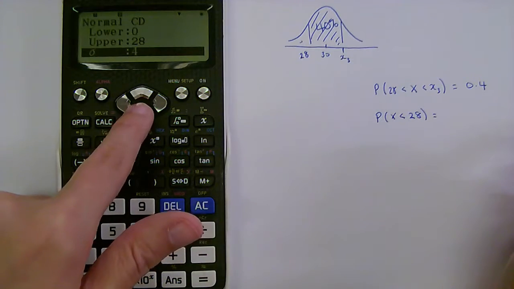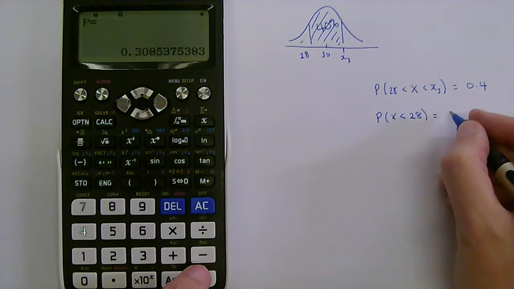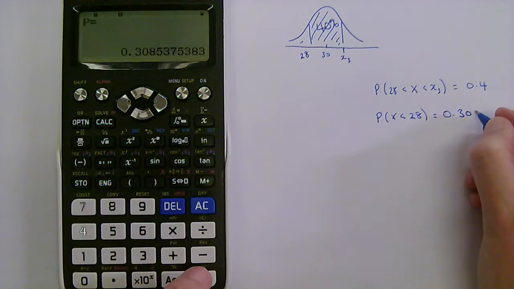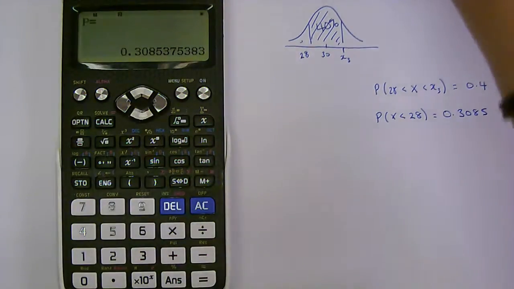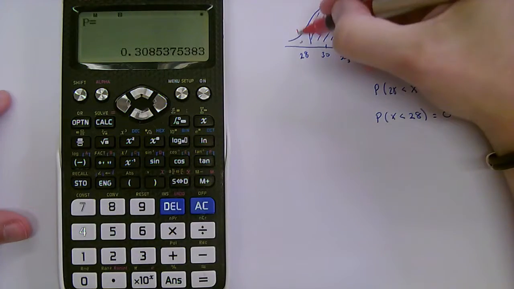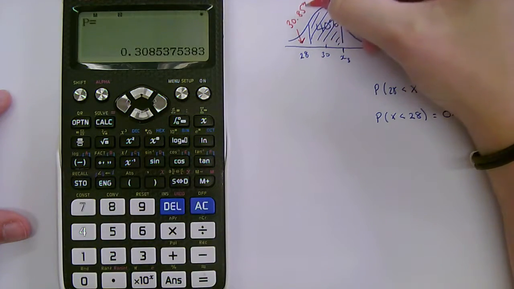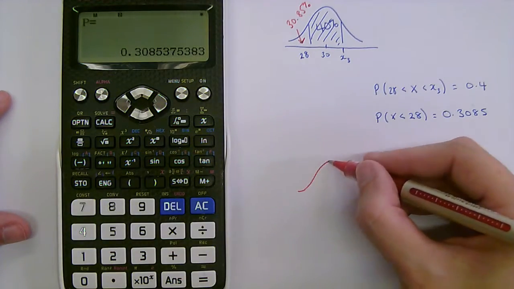We've still got a mean and a standard deviation of 30 and 4. So that is 0.3085. So that tells me this area here. That's 30.85%.